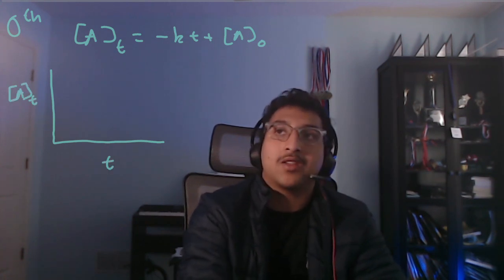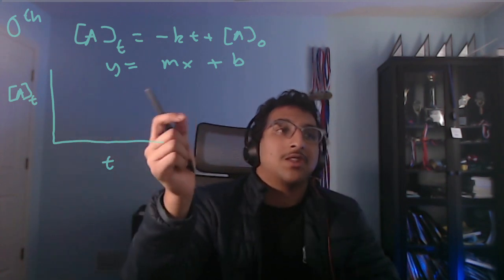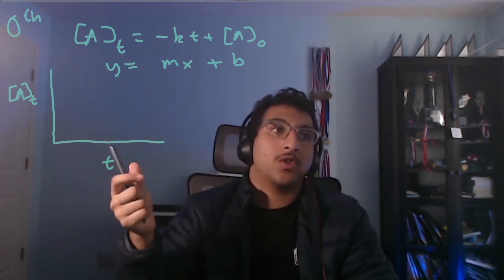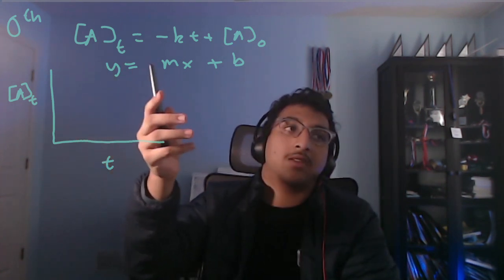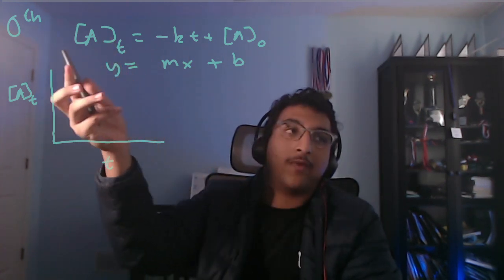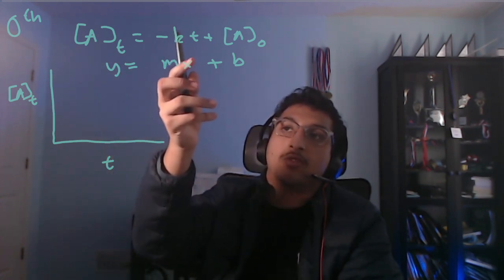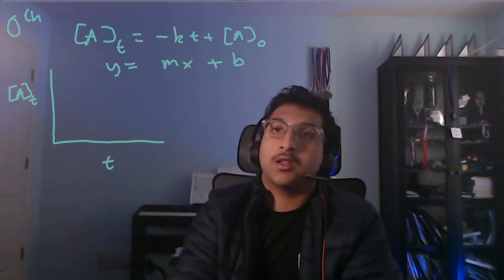This is basically the same format as y equals mx plus b. If you're currently taking a physics class right now, you may know that this is like linearization. So we're trying to make a straight line by setting variables x and y to parts of other variables. So A of t corresponding to y, and then x corresponding to t would give us just a line.